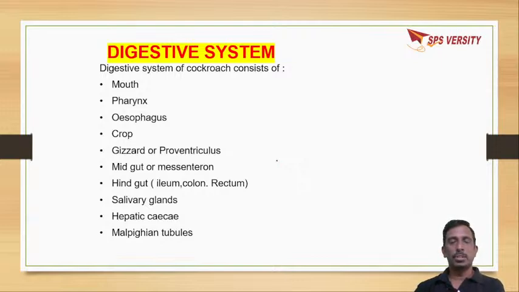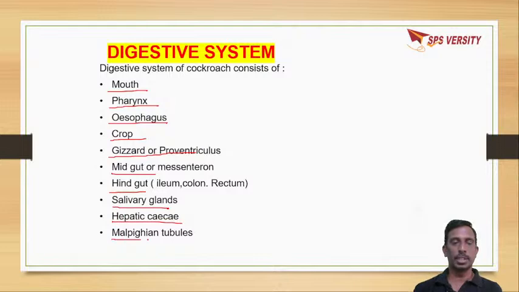When you come to the digestive system of cockroach, it has different parts like mouth, pharynx, esophagus, crop, gizzard, which is also called proventriculus, midgut, hindgut. There are glands, that is salivary glands and hepatic caecae.